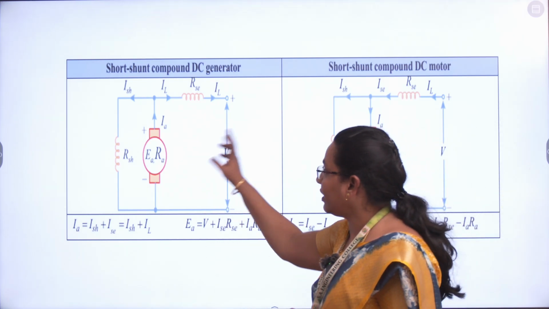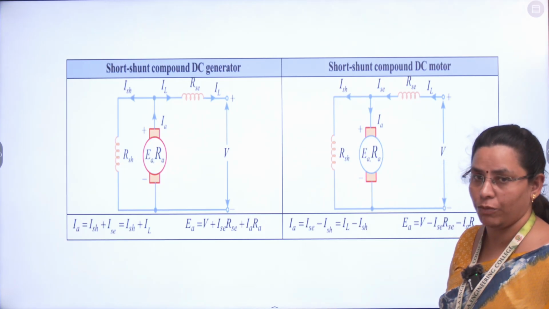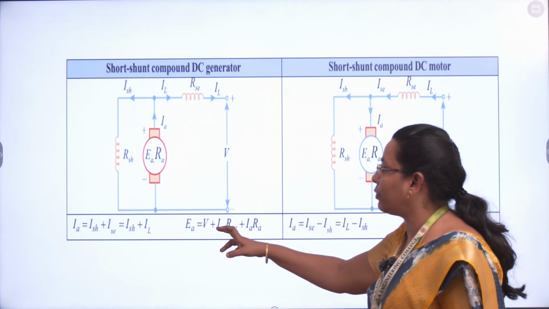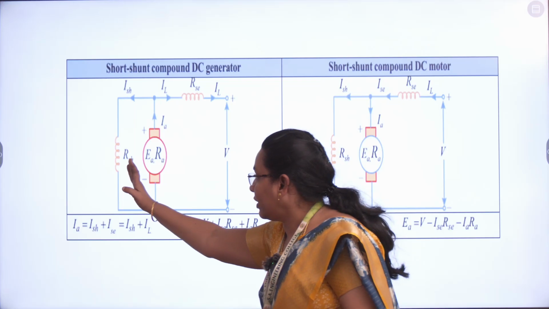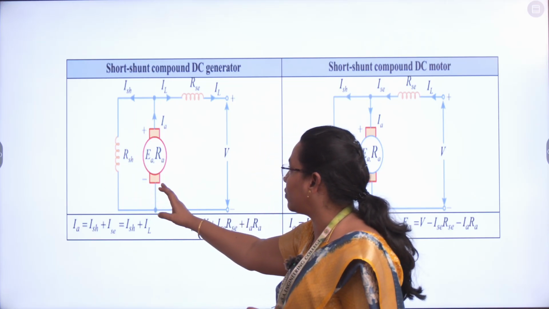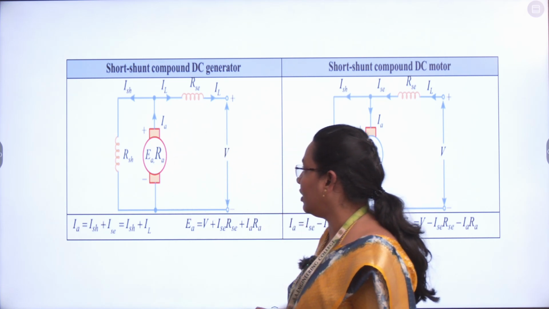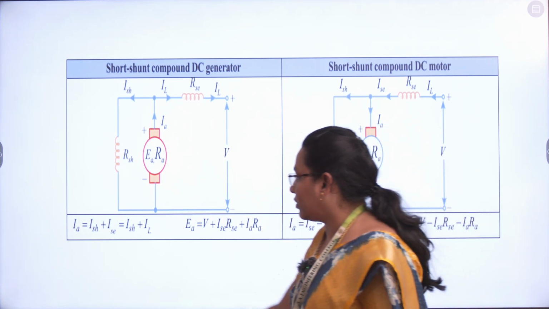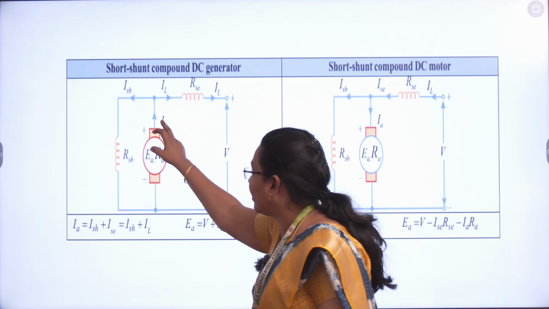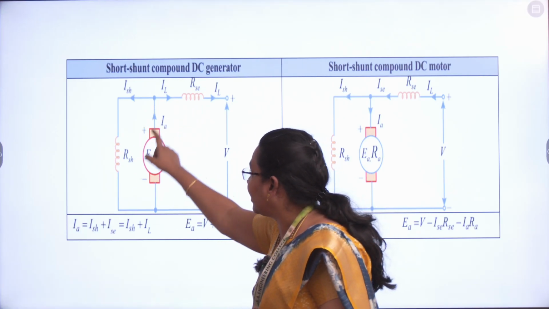In short, we classify it into the short shunt compound motor as well as the long shunt compound motor. In the short shunt compound motor, a number of field windings are connected in parallel with the armature winding, and some number of field windings are connected in series with the armature winding. So the total current IL equals ISC plus ISH.